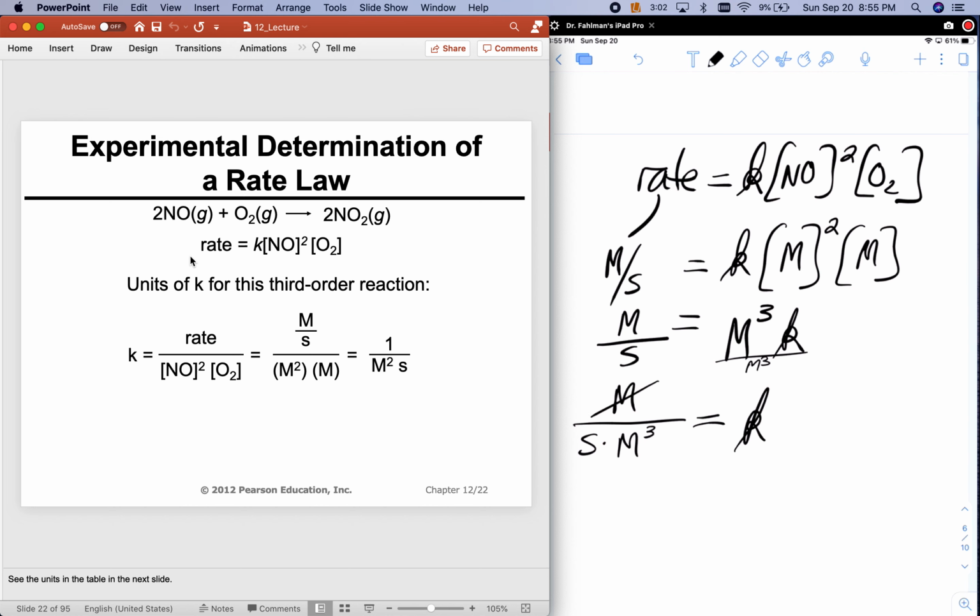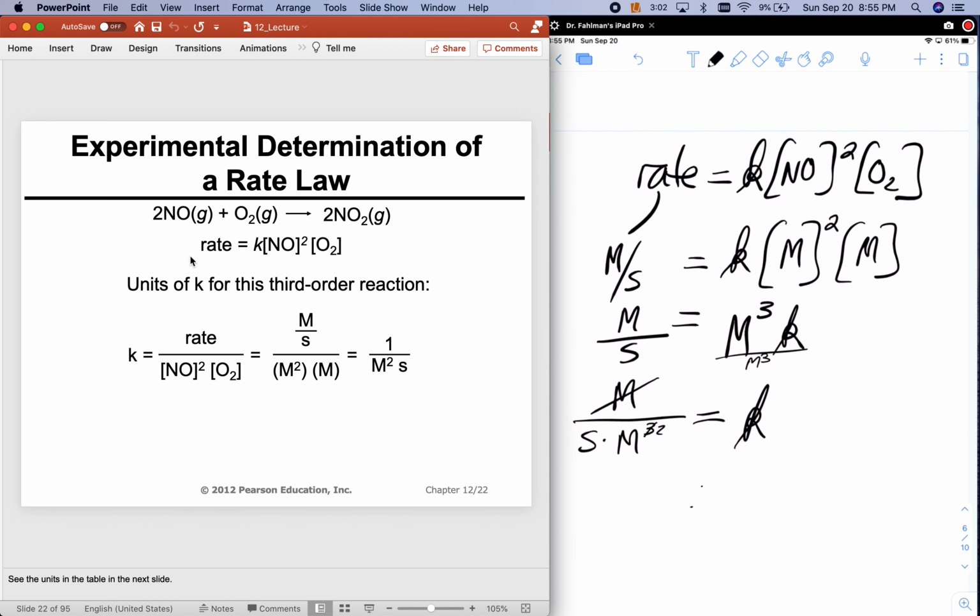We can cancel one M, and we get that k is equal to 1 over M squared times seconds, or M to the minus 2 seconds to the minus 1. That would be for a third order reaction.